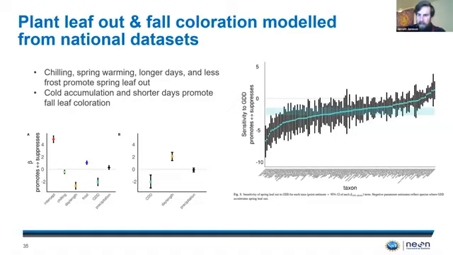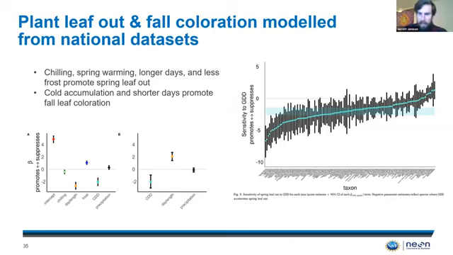So this figure is telling us that the model predicts that spring leaf out from panel A was generally promoted by longer days, spring growing degree day accumulation, overwinter chilling, and was suppressed by frost events, whereas fall leaf color was promoted by shorter days and cold accumulation.